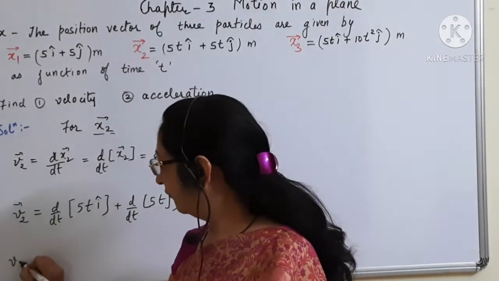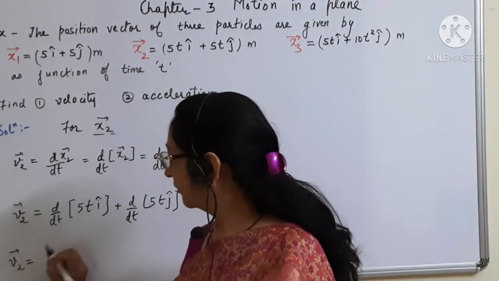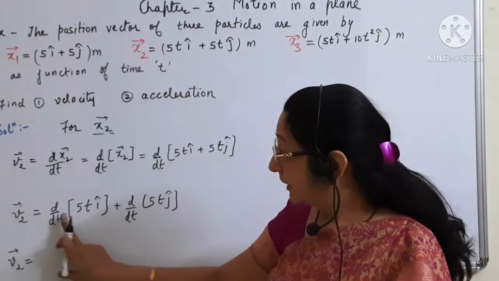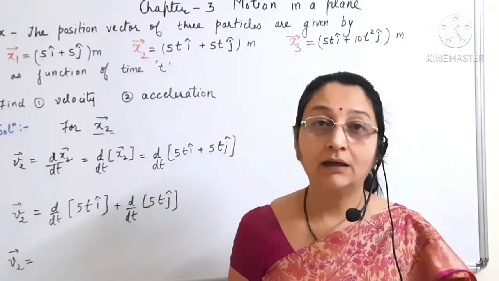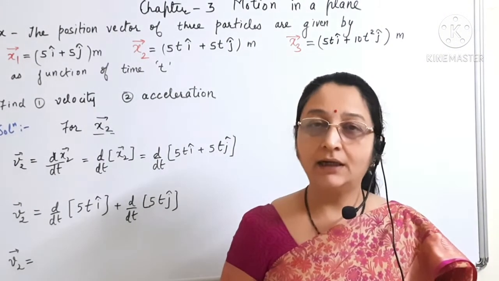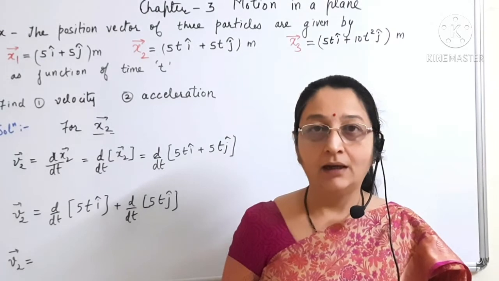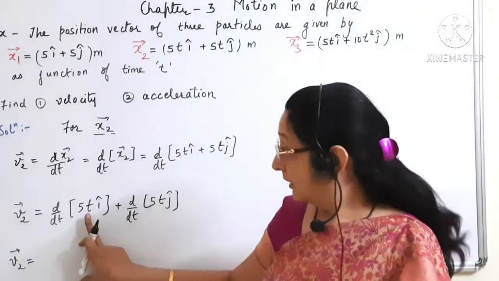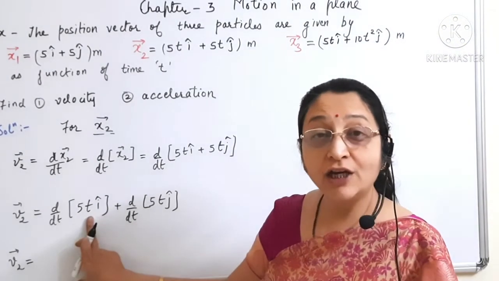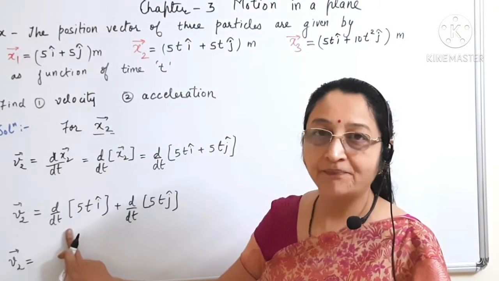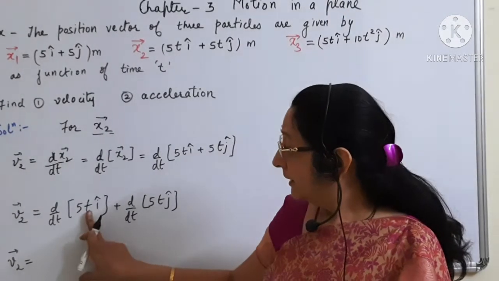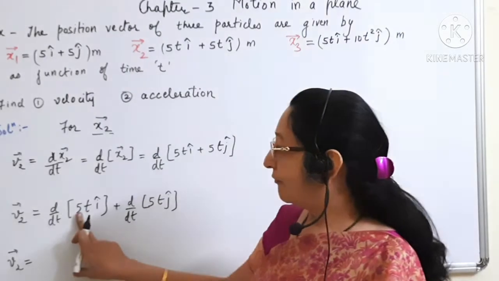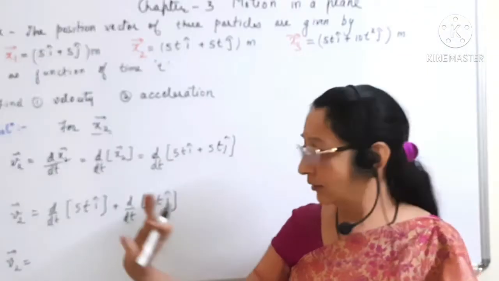So we have v2 equal to, now we differentiate 5t. 5 is a constant term, but t is time. We have to differentiate with respect to time, so this time t will always change. This 5 is a constant, so I take it outside.